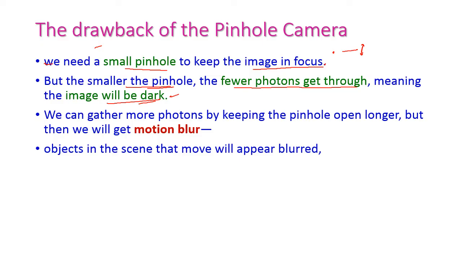Suppose we open the pinhole camera for a long time to gather more photons, but then the image will get blurred. Objects in the scene that move appear as a blurred image. This is the drawback of the pinhole camera.